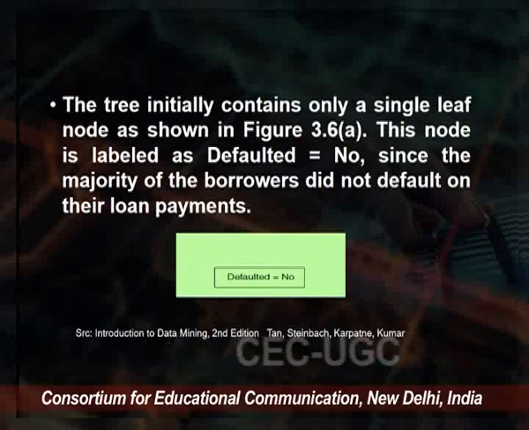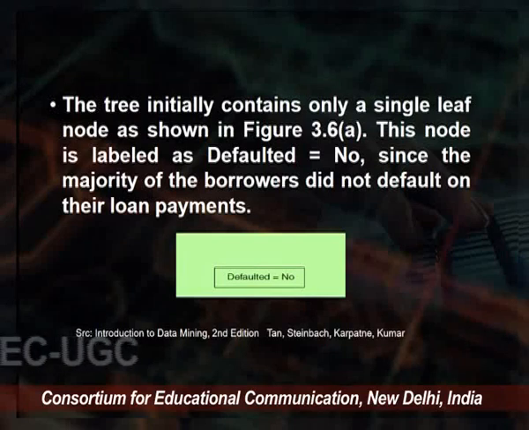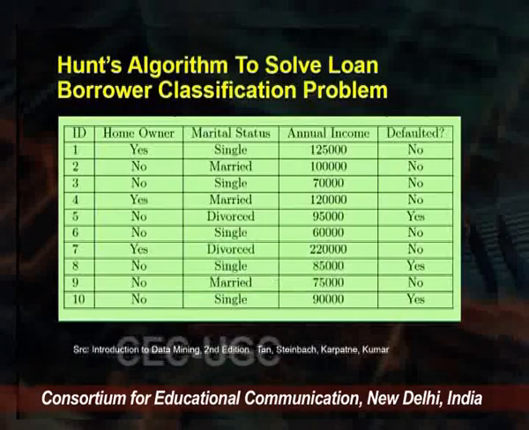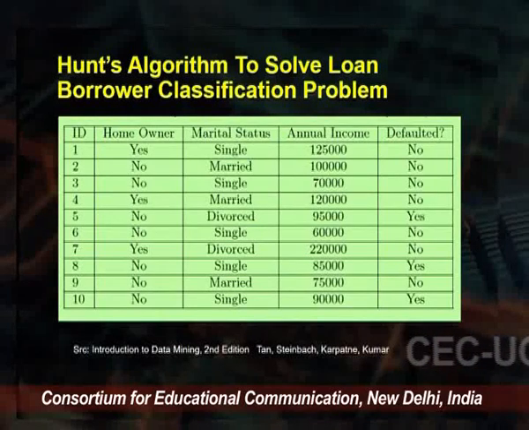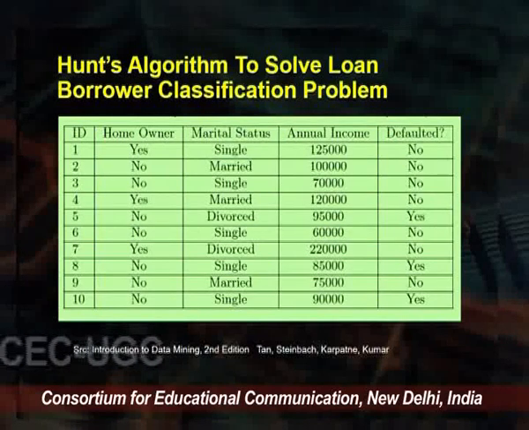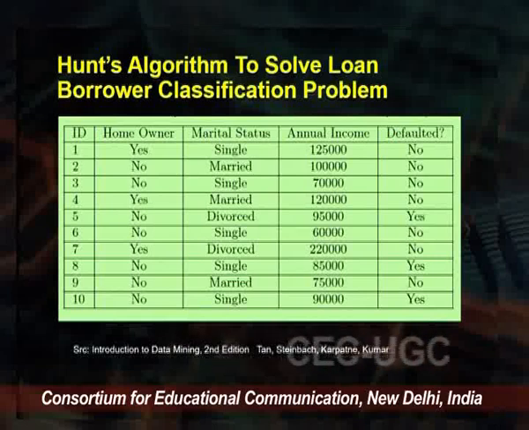This node is labeled as defaulted is equal to no, because the majority of the borrowers did not default on their loan payment. If we look at the data set, we can see that most of the borrowers have default equal to no, although out of 10 records, 3 have got yes also.